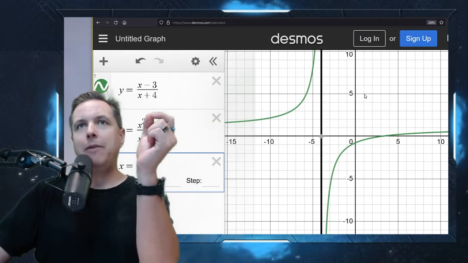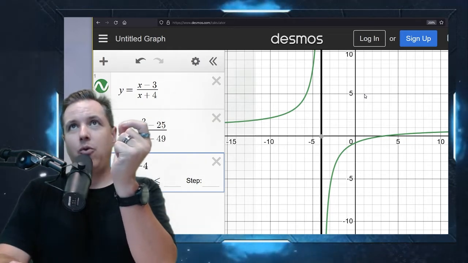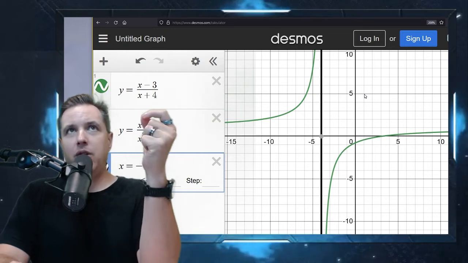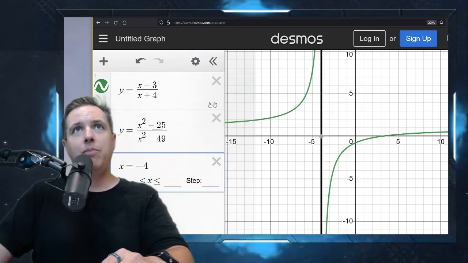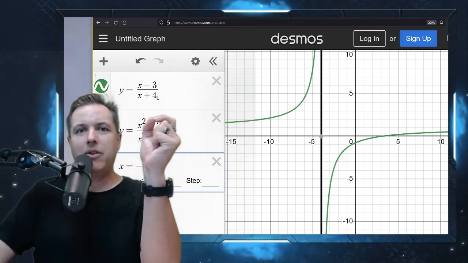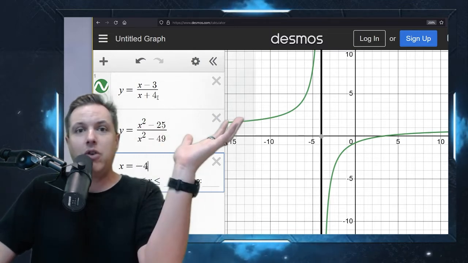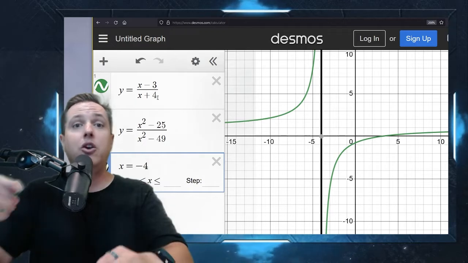And here's why. Think about the values as they get close to negative 4. So what about at negative 3.999999999? Well, negative 3.9999999 plus 4 is a really tiny number. It's like 0.0000001. I don't know if I got the right number of zeros in there, but you get the idea.